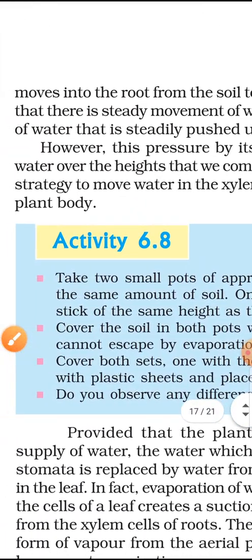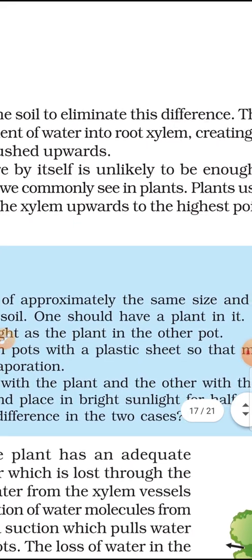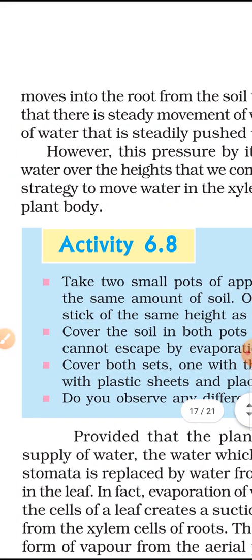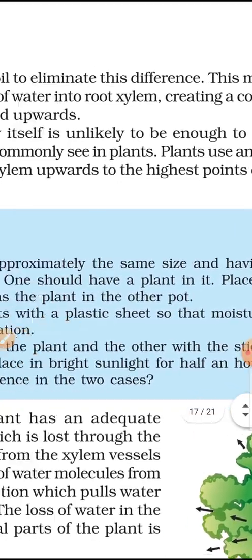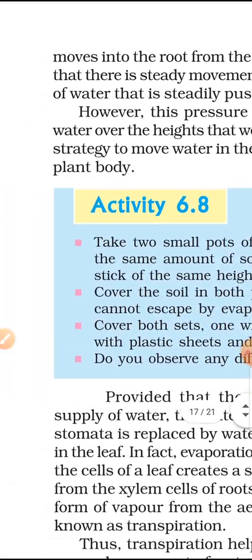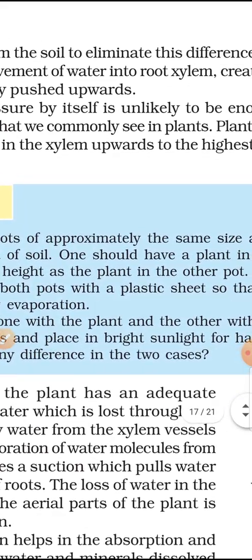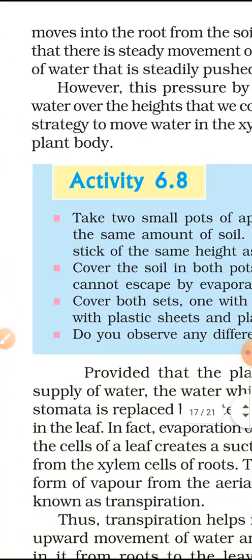However, this pressure by itself is unlikely to be enough to move water over the height that we commonly see in plants. Plants use another strategy to move water in the xylem upward to the highest point of the plant body.